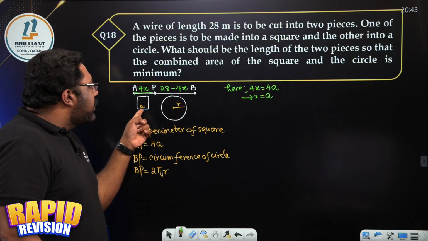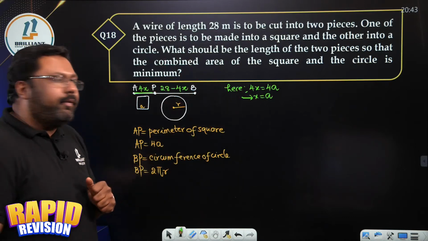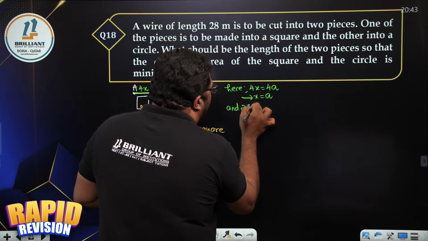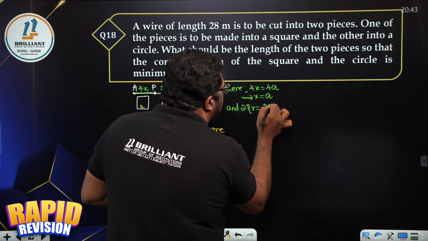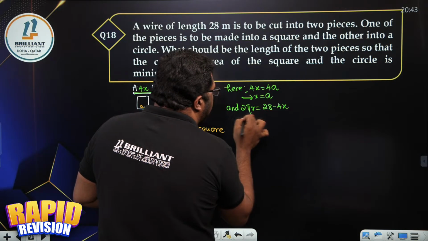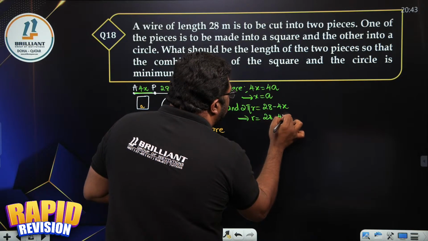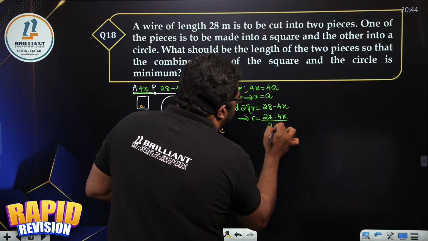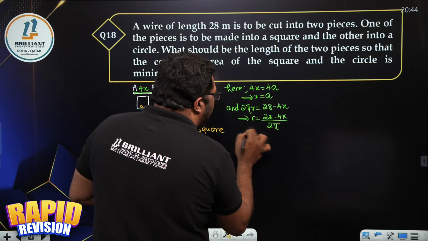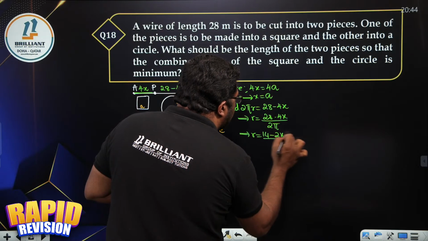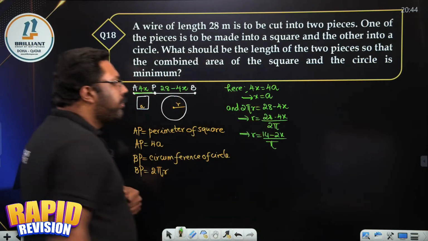That is, the side of the square is x itself. And 2 pi r is equal to 28 minus 4x implies r is equal to 28 minus 4x divided by 2 pi. Simplify with 2, r is equal to 14 minus 2x divided by pi.